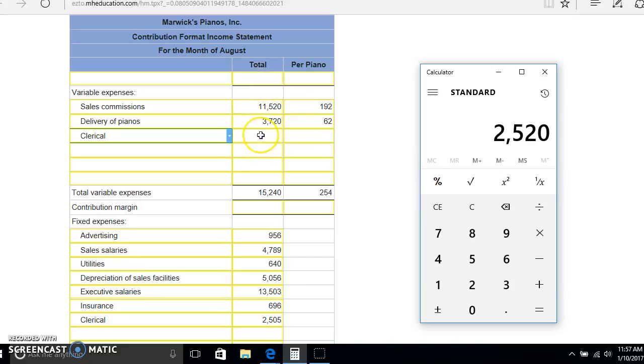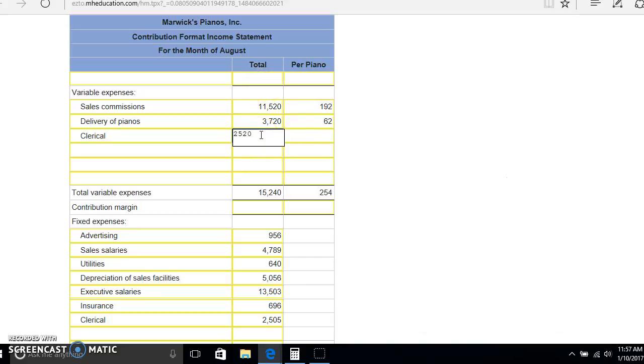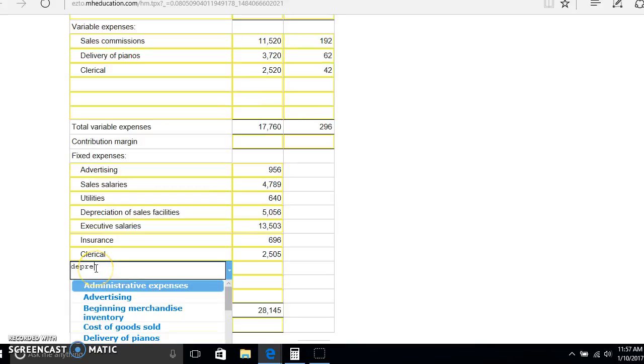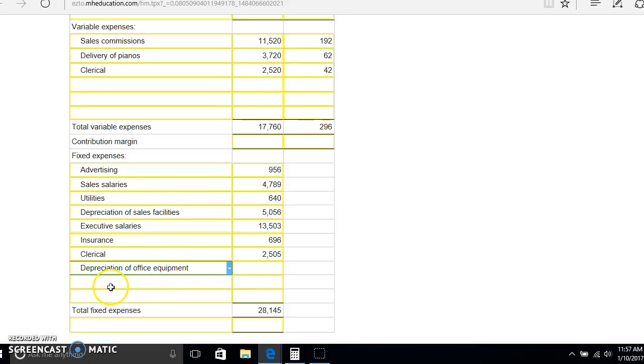So that's $2,520, and obviously that's $42 per piano. And then depreciation of office equipment also is going to be a fixed expense. This was $855. Okay, so we have all of our fixed and all of our variable expenses.